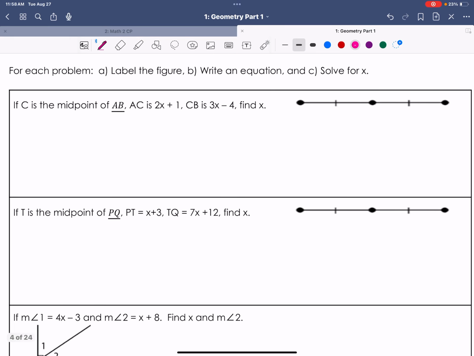For each problem, label the figure, write an equation, and solve for x. So if C is the midpoint of AB, so you need to know midpoint, AC is 2x plus 1, and CB is 3x minus 4. Find x. So let's go ahead, let's label. So C is the midpoint. So if C is the midpoint, that means it's in the middle.